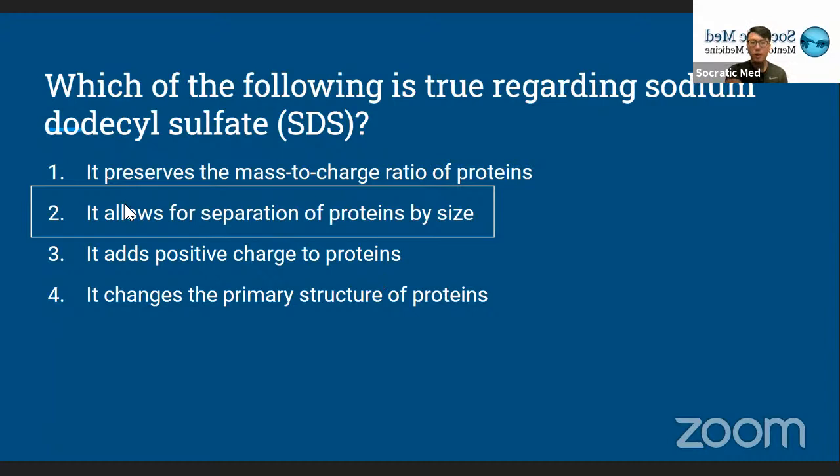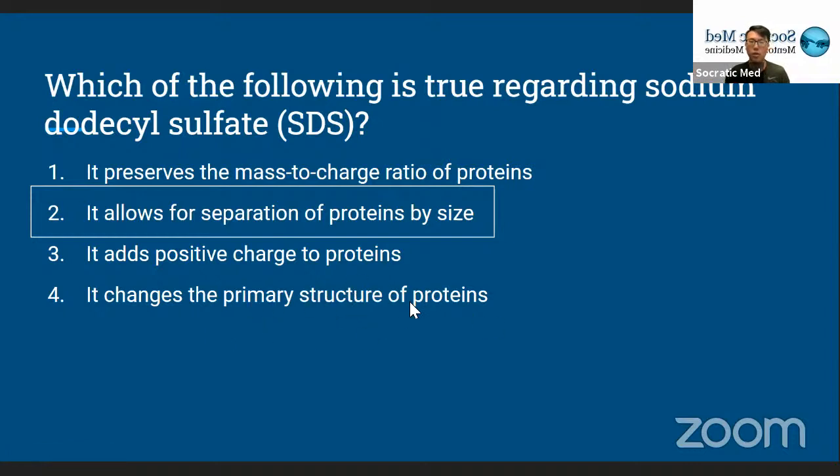Choice C is incorrect because SDS adds negative charges to proteins. And choice D is incorrect because it doesn't change the primary structure of the protein. It changes the tertiary and the quaternary structures, and it preserves the primary structure.